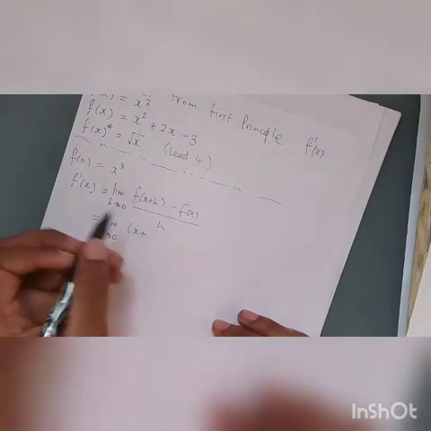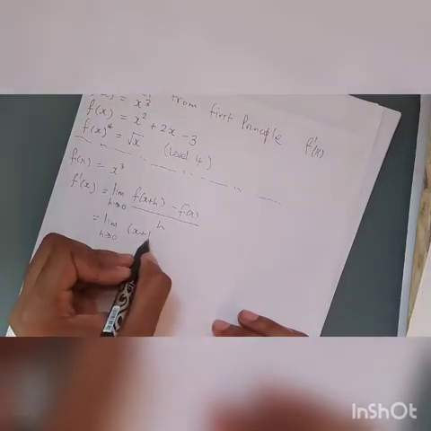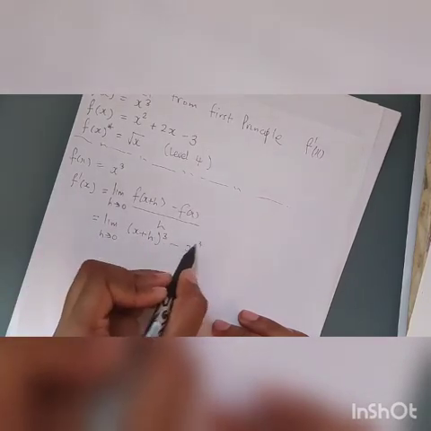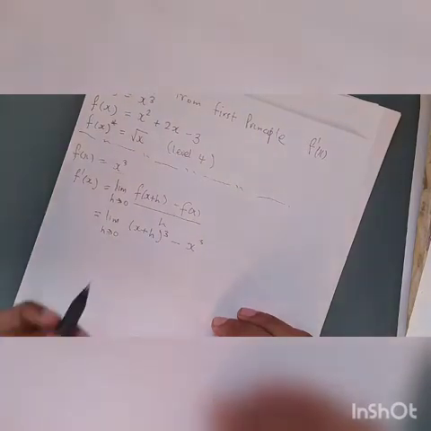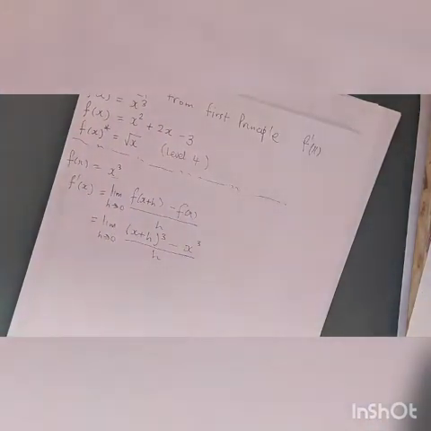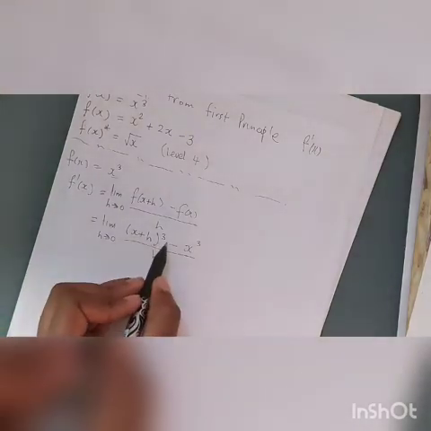You substitute the x and put in x plus h. The 3 is still there, minus f(x), which is just x to the 3, all divided by the distance between these functions. Okay, so now this is a difference of 2 cubes.